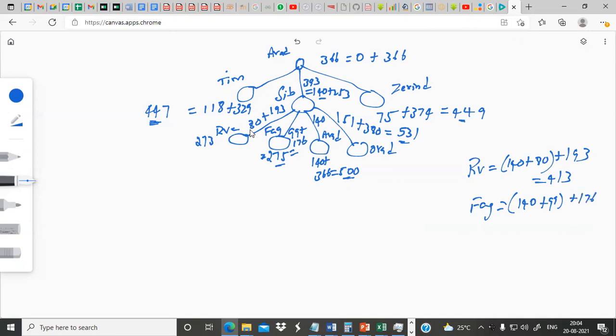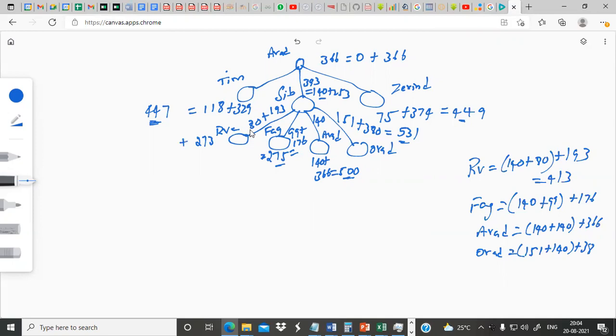Similarly, via Arad, it will be 140 plus 140 plus 366. And via Varadia, it will be 151 plus 140 plus 380. So to everything we should add 140.